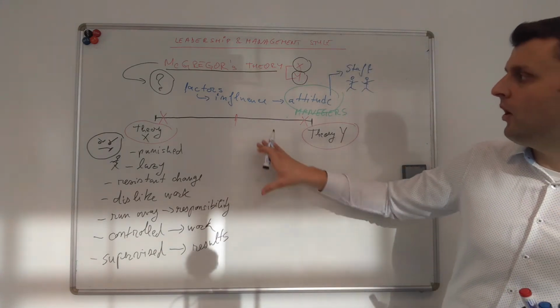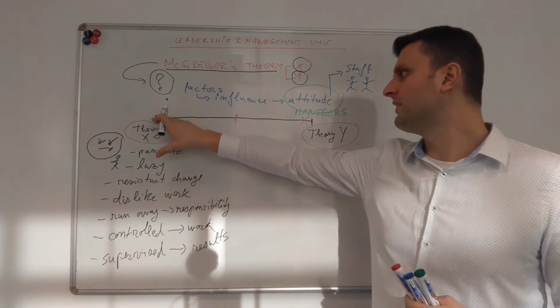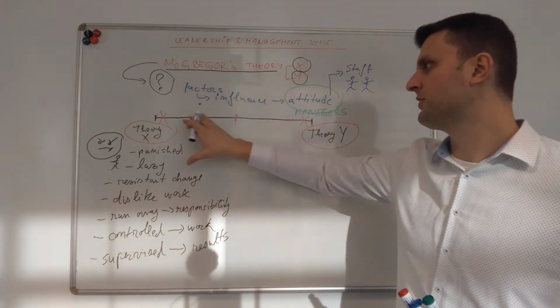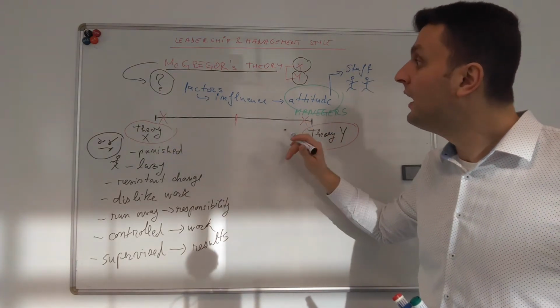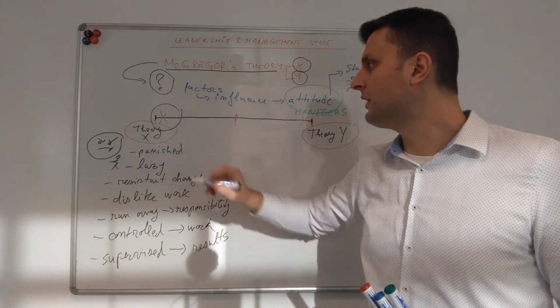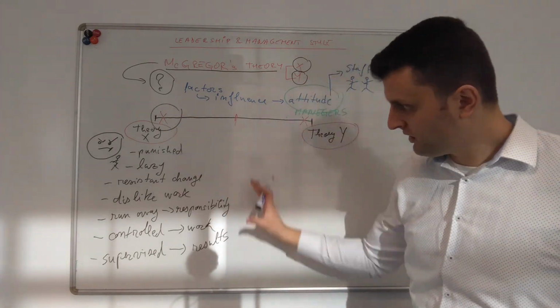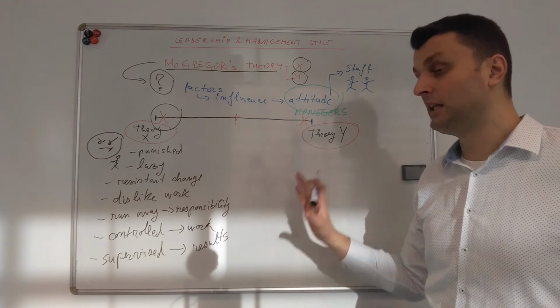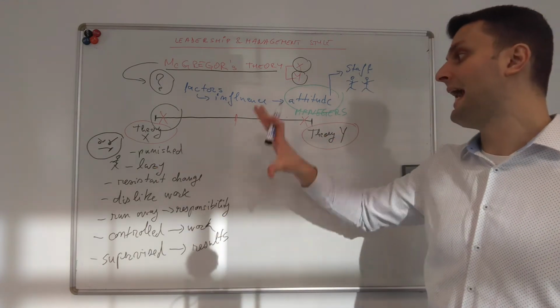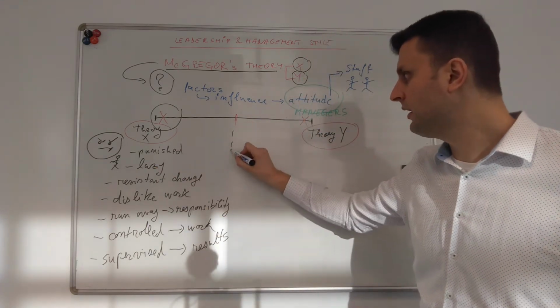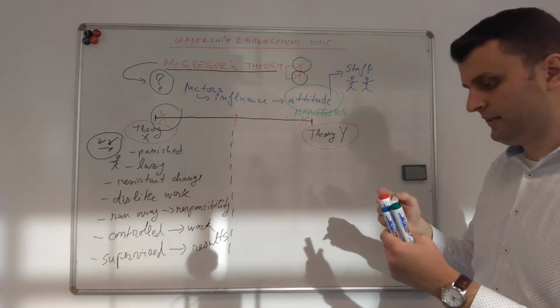So if you are within this, let's say, leadership style or management style graph, on this extreme over here, you would be this kind of person that looks at the staff and actually labels employees in such a way.